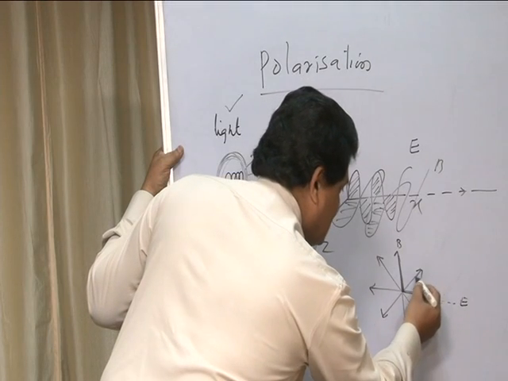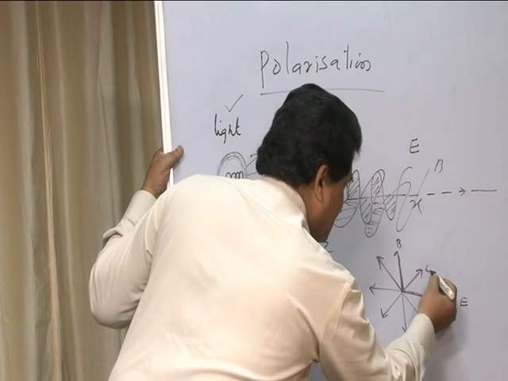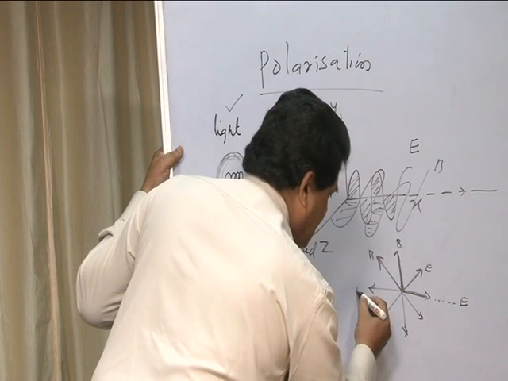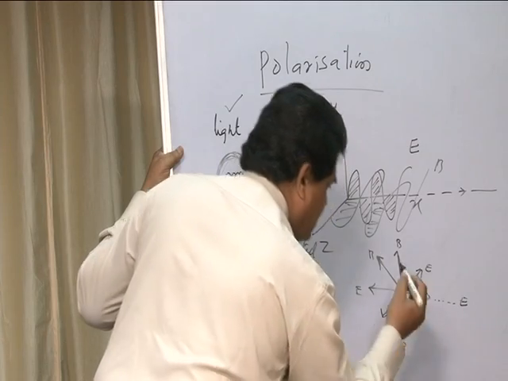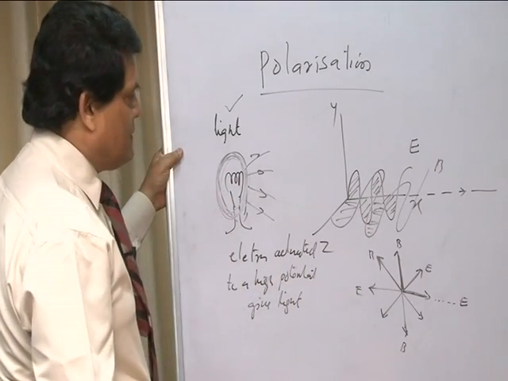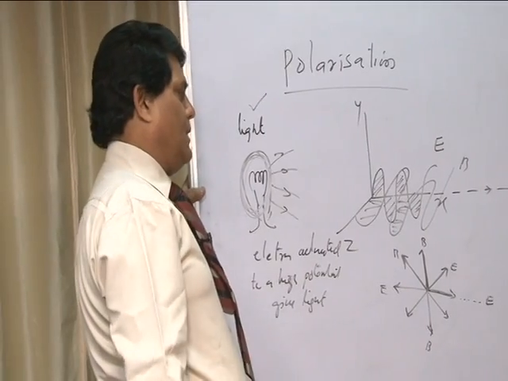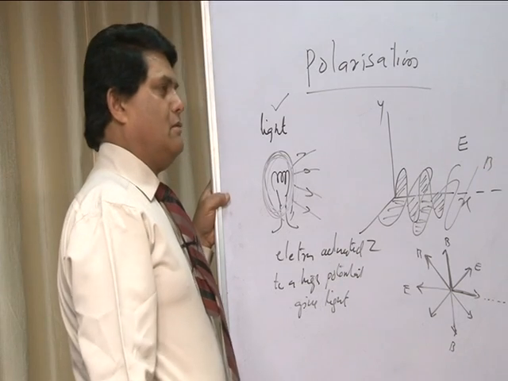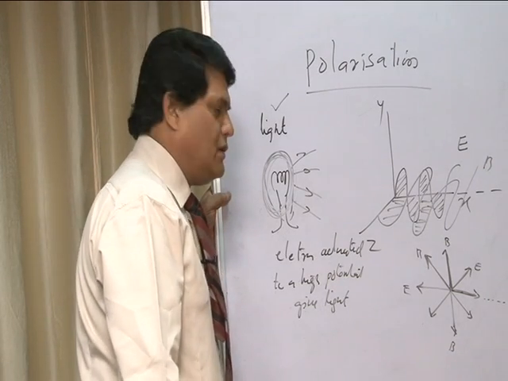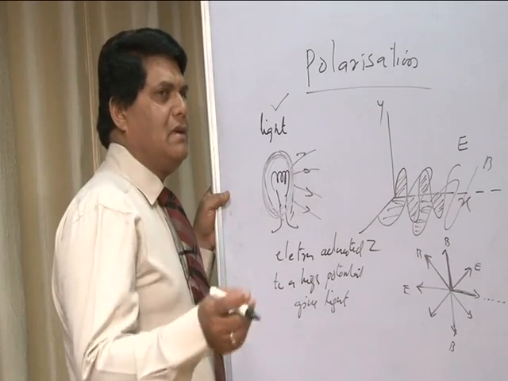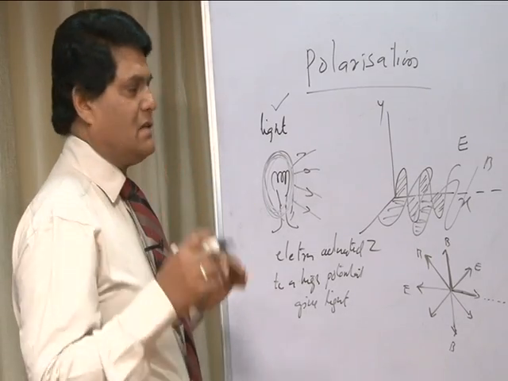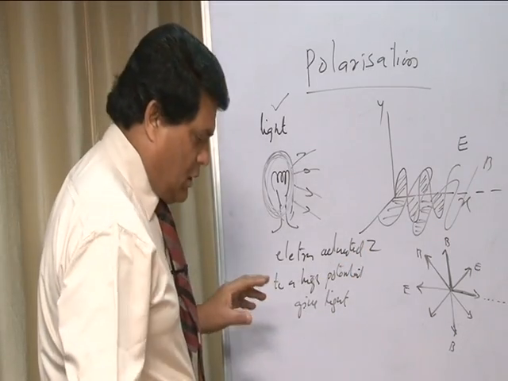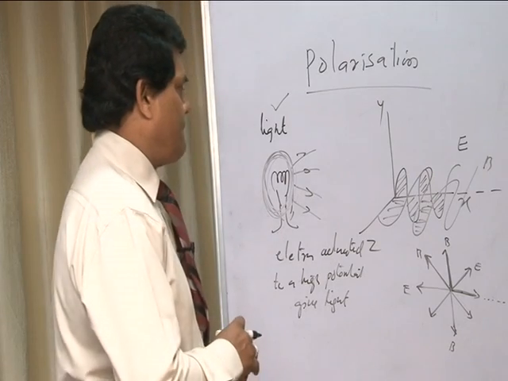Then if you consider these two, again this is an electrical field, again a magnetic field. As a result, when you see a distant source of light, it appears shiny, it shines in all the directions. So it shines like this, as in the figure. So this is how the light is represented.